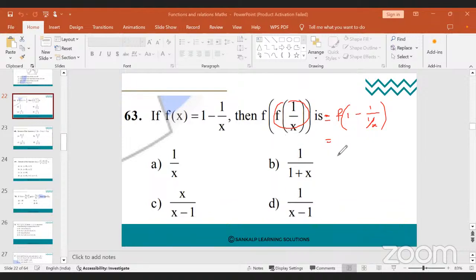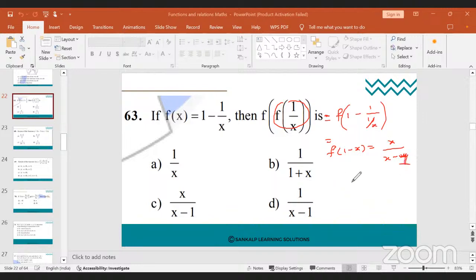So f of, what is the meaning of this? F of 1 minus x will give us x upon x minus, okay, it's very simple. X upon x minus, sorry, it is 1. I wrote x upon x, it is x minus 1.